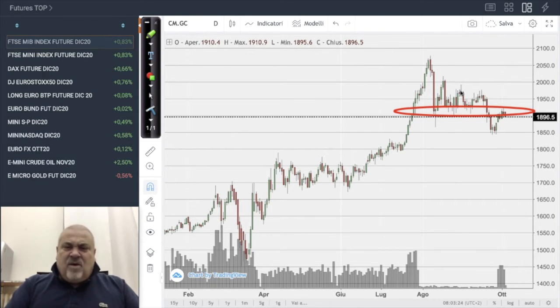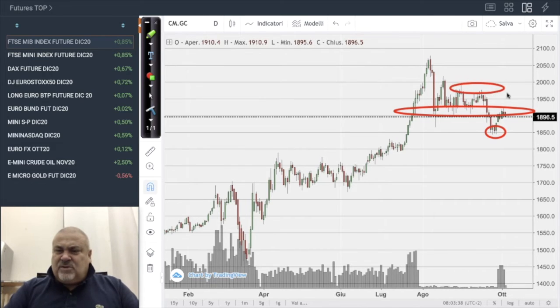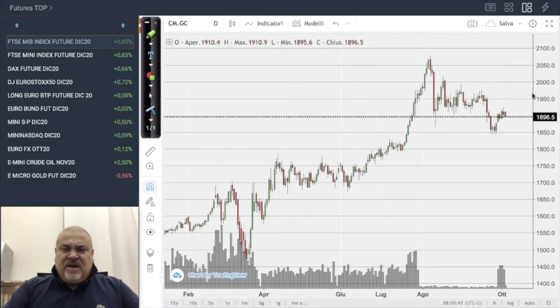I repeat, from 1,900 to 1,910 is the first resistance area. Then we have a support at 1,850, and then we have a quite strong resistance around 1,960 to 1,975. So this is again a place where we can see a resistance.